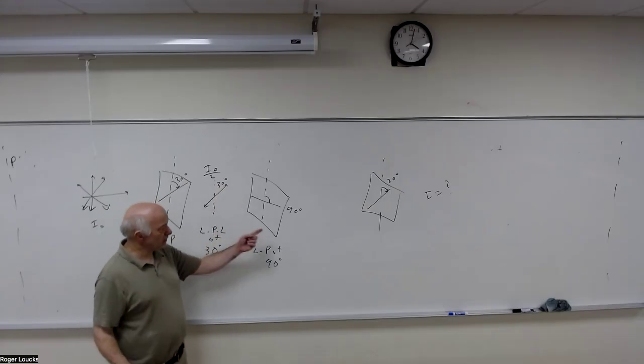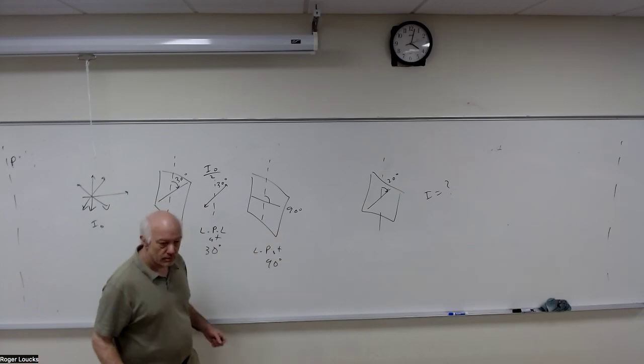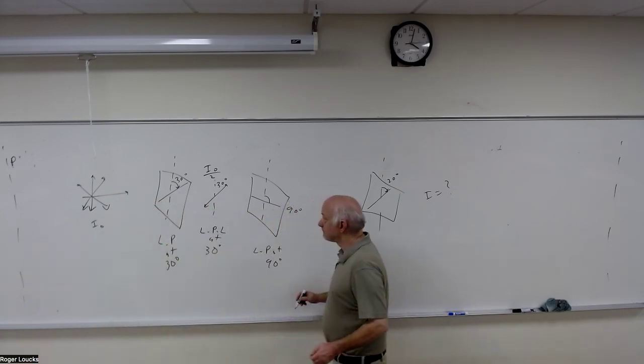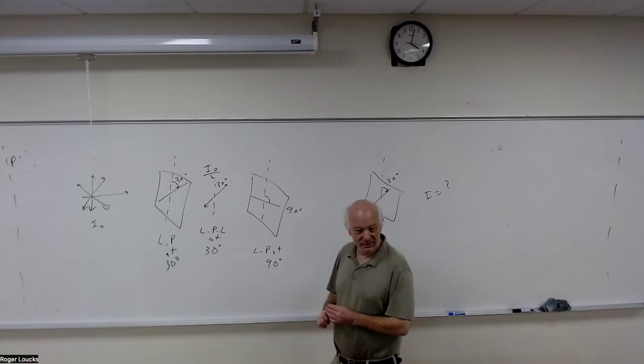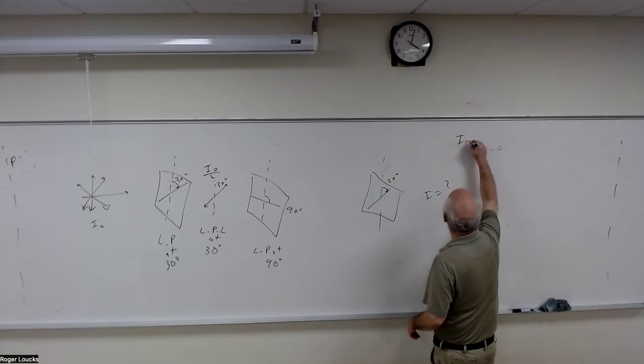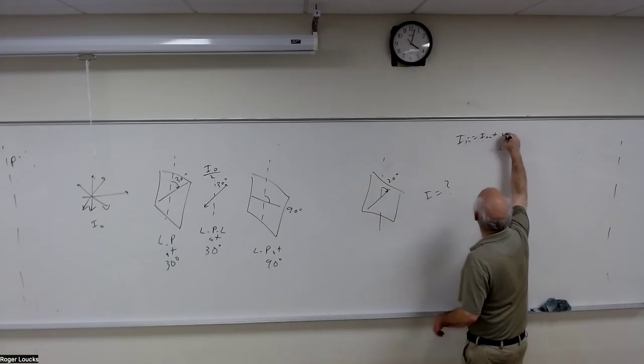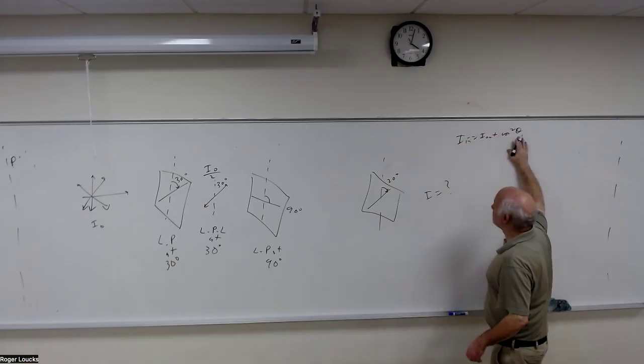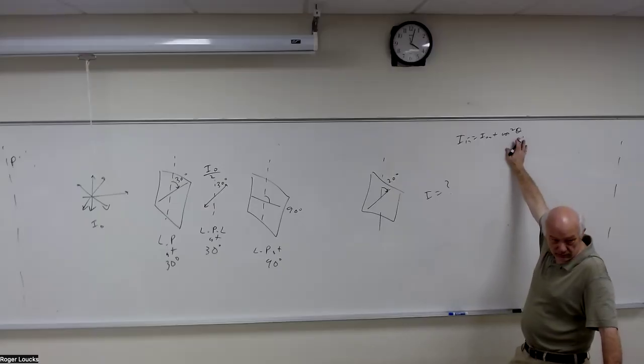Now this is coming into the next polarizer, so what's coming out? We have I in, and I out is I in times cosine squared of theta. This theta is the angle between the incident electric field and the transmission axis.